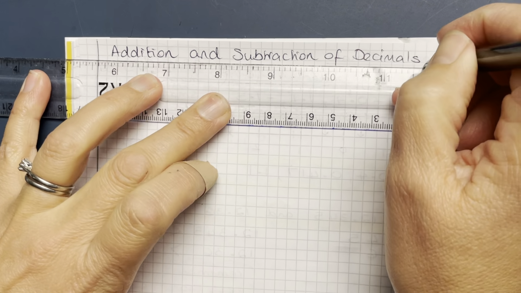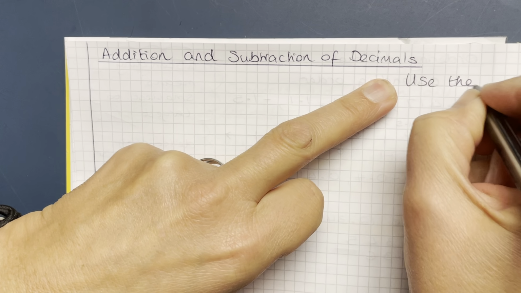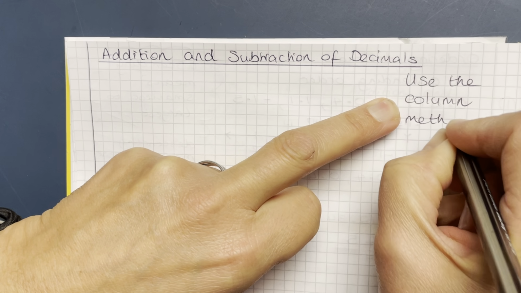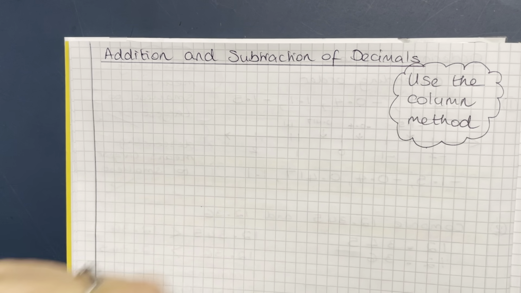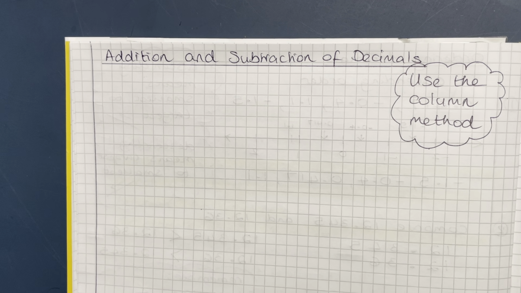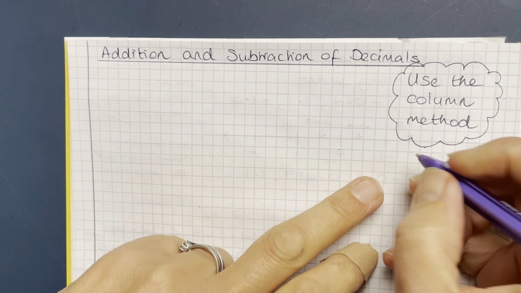We use the column method exactly the same as if we were doing whole number or integer addition and subtraction. Okay, so we're going to use the column method, and the only thing really that we need to remember with this is to line up your decimal points.